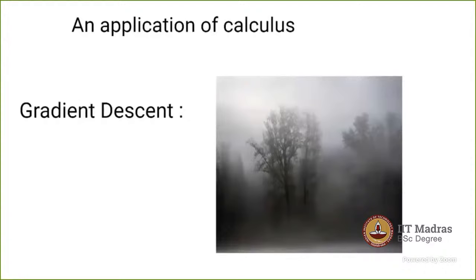You are finding the minimum fog, like a minimum value, if you think of fog as a function of multiple variables. When you reach the place where you can see, you apply the same process again slowly, and you will reach the ground. That is an example, or application, of multivariable calculus.